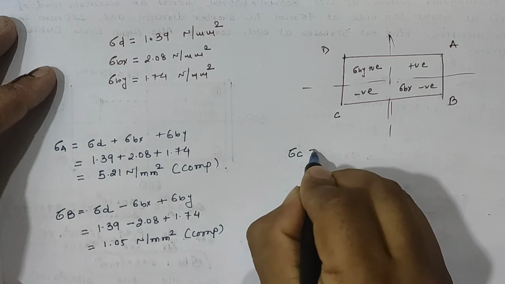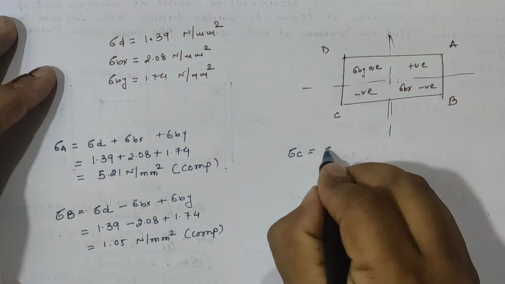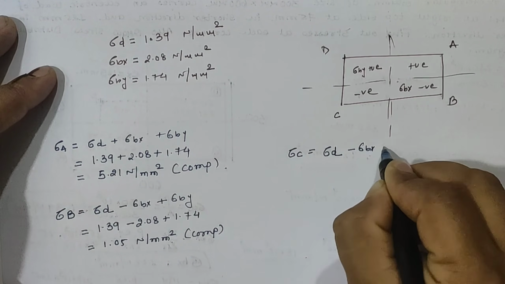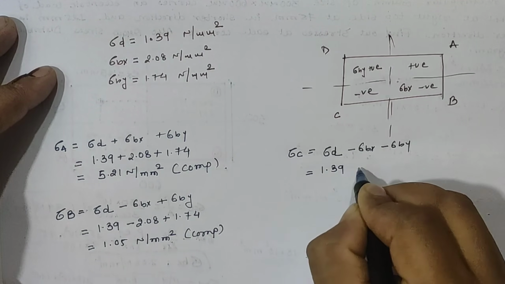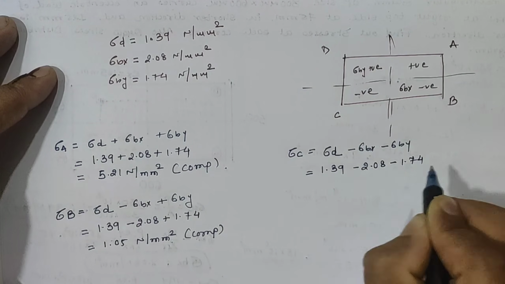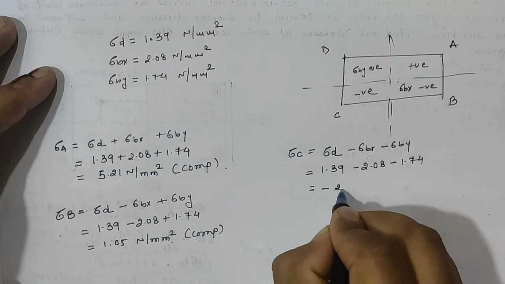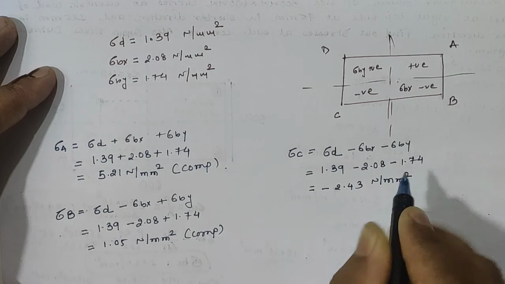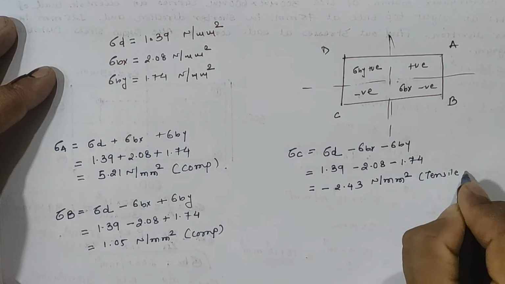Now at joint C, both the values are negative for Bx and By, hence the total value is sigma D minus sigma Bx minus sigma By, which is equal to 1.39 minus 2.08 minus 1.74, and the total value is minus 2.43 Newton per mm square. Here the value is negative, it means it is tensile stress.